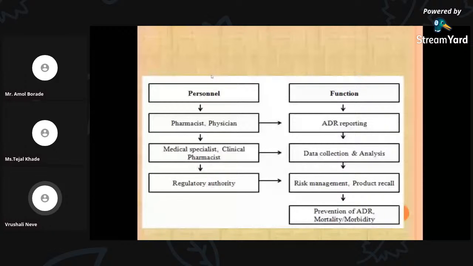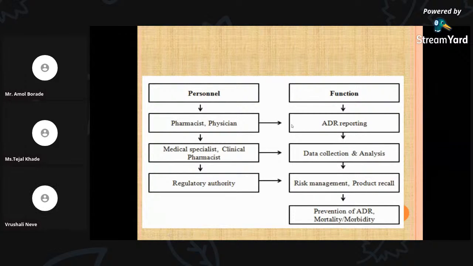So this is the flow chart showing how exactly the process of reporting goes. Okay, so first, who can report? The pharmacist, physician, medical specialist, clinical pharmacist. Okay, so they all can report the adverse drug reaction to regulatory authorities. Once the regulatory authorities receive that report, they will report to the pharmacovigilance unit. Once the PV center gets all the reports from society members, they will start the whole process of monitoring adverse drug reactions.